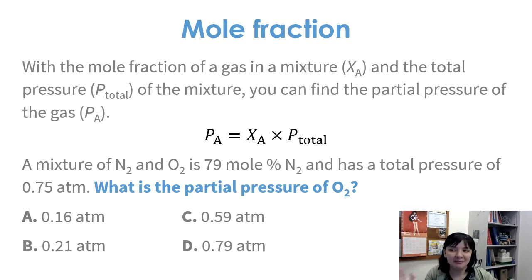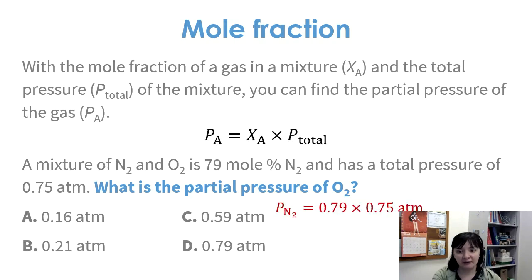Okay, there are a couple different ways that we could approach this problem, but I'm just going to show you one way that I did it. You may take a different path, but hopefully you should get the same result. What we're told is that the mole percent of nitrogen in this mixture is 79. So the mole fraction, or X, of nitrogen is going to be 0.79, just taking that percentage and turning it into a decimal.